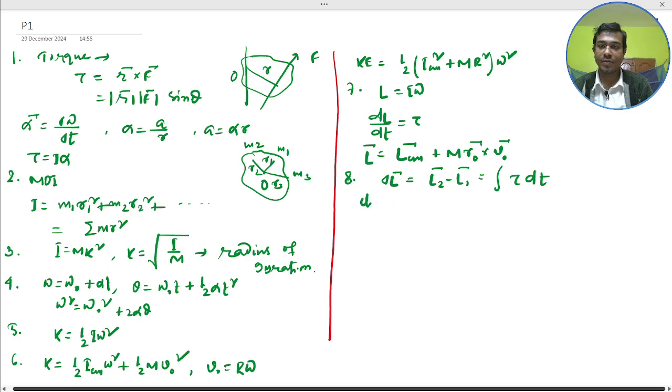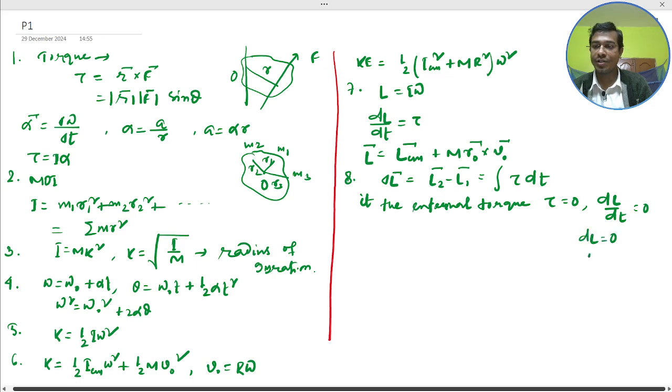If the external torque is 0, then dL dt is equal to 0, or dL equals 0, so L is constant. Next, work done by torque in rotation from theta 1 to theta 2 would be W equals integral of tau d theta.